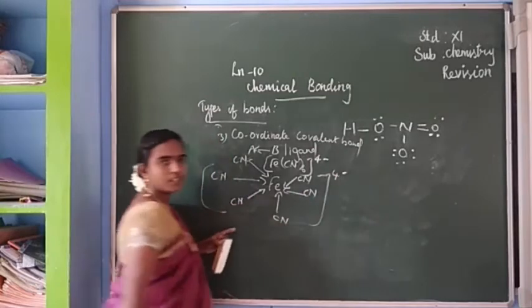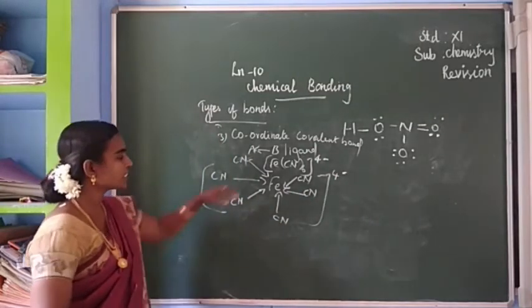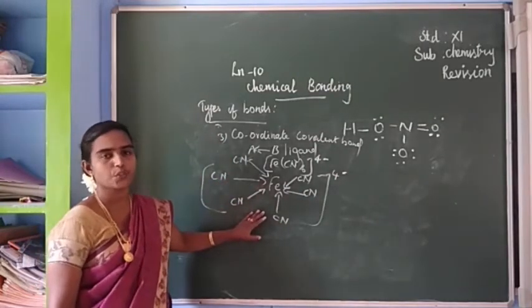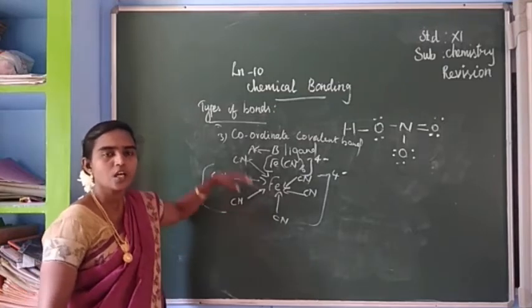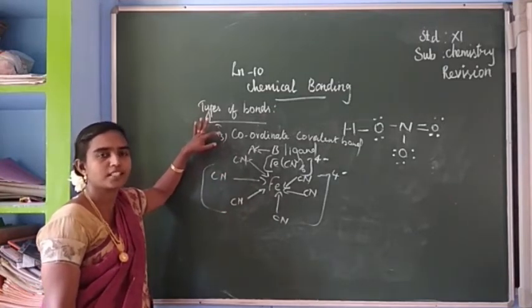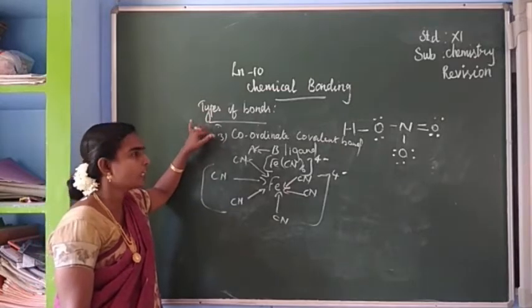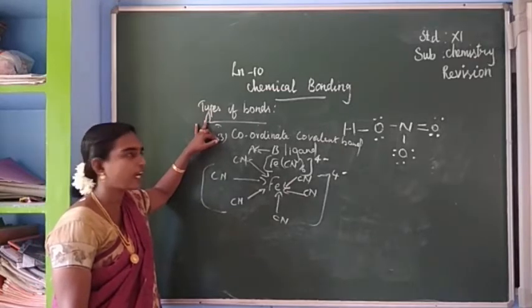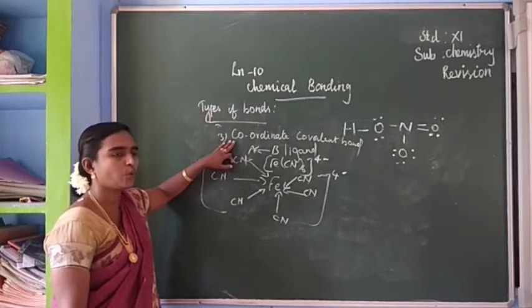So the ferrocyanide ion is an example of a coordinate covalent bond. Is it clear, students? So we have explained the types of bonds. Three types of bonds are there: covalent bond, ionic bond or electrovalent bond, and the coordinate covalent bond.